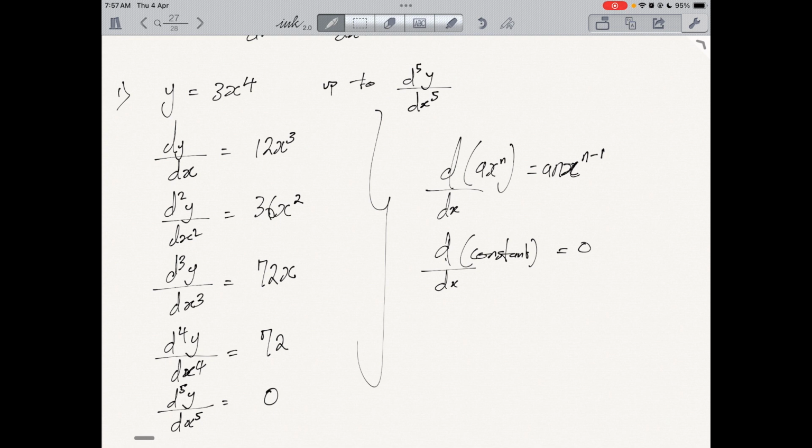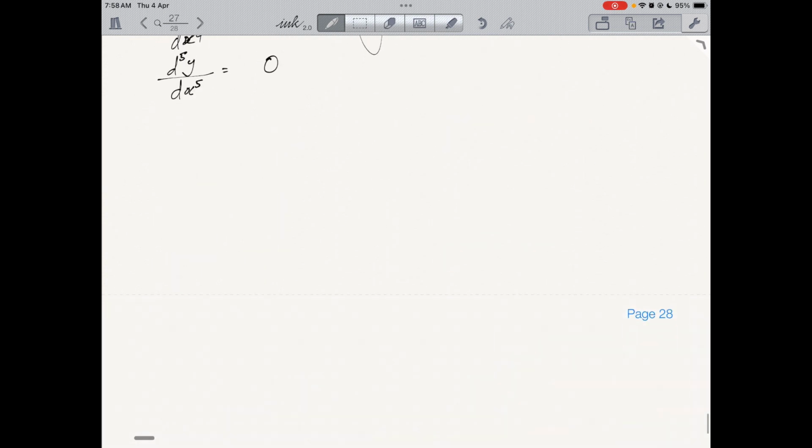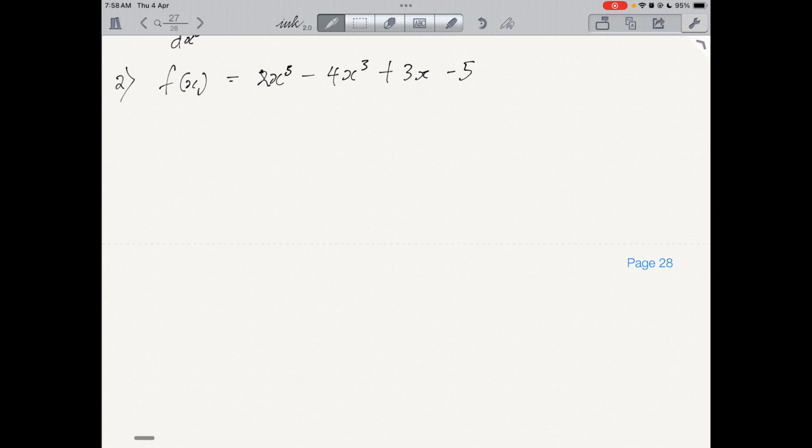Let's take another example, number 2. We are given that f of x is equal to 2x raised to power 5 minus 4x raised to power 3 plus 3x minus 5. And we are asked to evaluate f double dash of x.